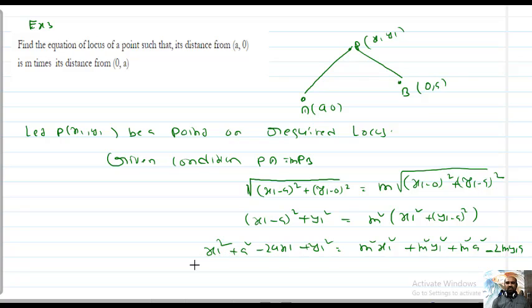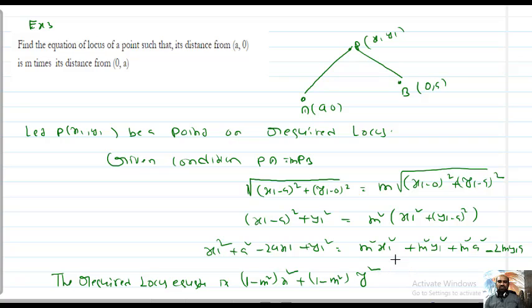Okay, now I want to directly write the locus equation. The required locus equation is here. So I want to drop the suffixes. (1 minus m square) x square plus (1 minus m square) y square.